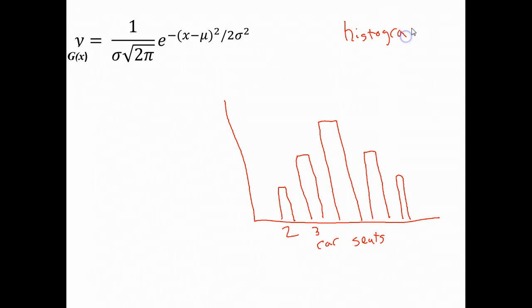This is just a different way of representing the data, where what we do lots of times is a normalized probability or normalized distribution. And again, this histogram is based off of a sample.